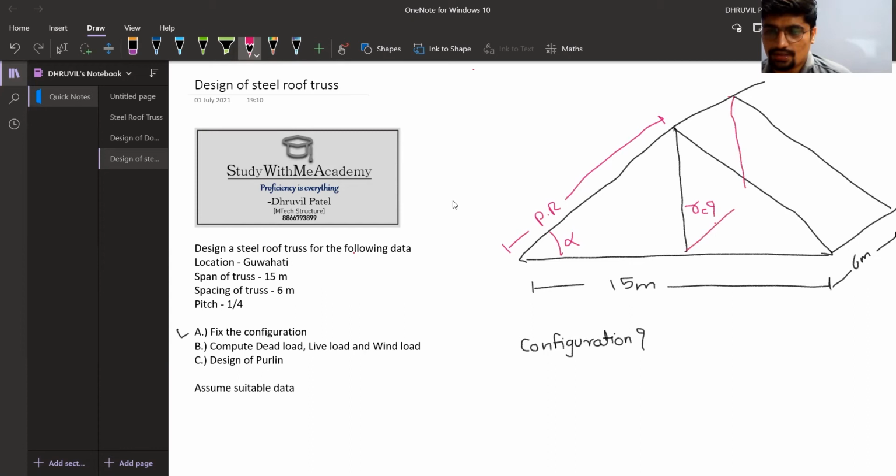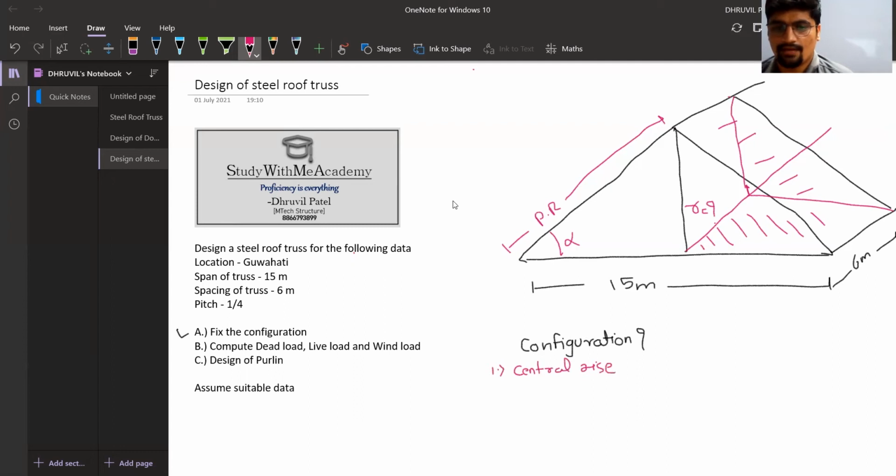The truss is connected like this in the back side. The bottom portion is known as plan area. The top portion is known as slope area, where the roof material comes. And the number of panels which will be here. So let's make the list of what we need to find. First is central rise. Second, length of PR.